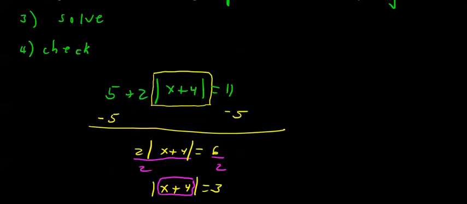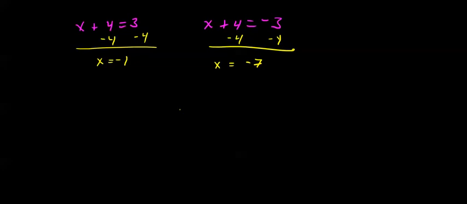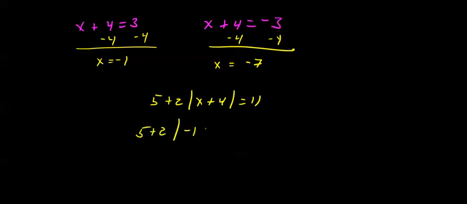To check, we have to check 2 times. We have to put it into the original equation, 5 plus 2 times the absolute value of x plus 4 equals 11. So I have 5 plus 2 times the absolute value of negative 1 plus 4, and 5 plus 2 times the absolute value of negative 7 plus 4, equals 11.